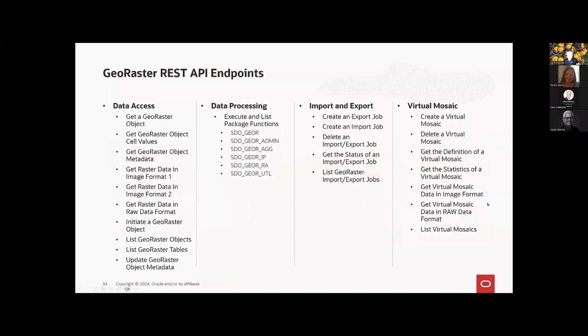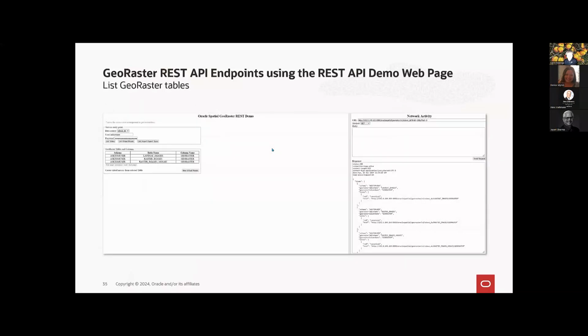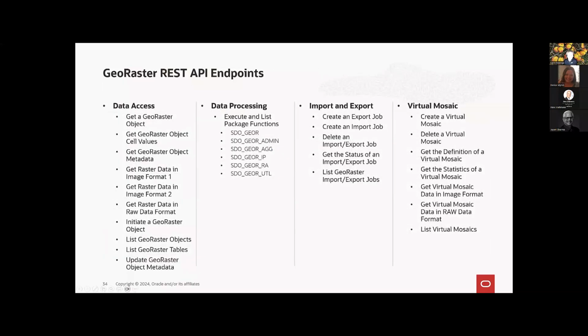Here is just a summary of the GeoRaster REST endpoints, and you can see everything I talked about earlier. Here is a letter missing in aggregate. It's AGGR. I just need to correct that later.